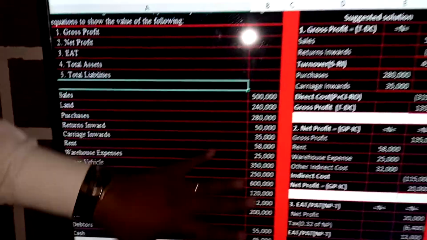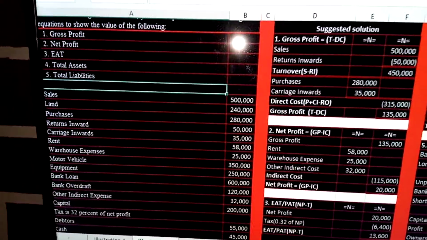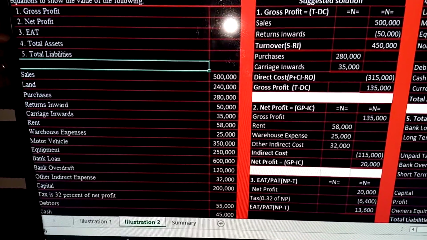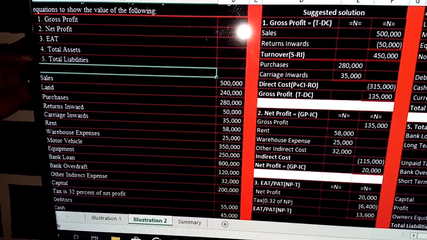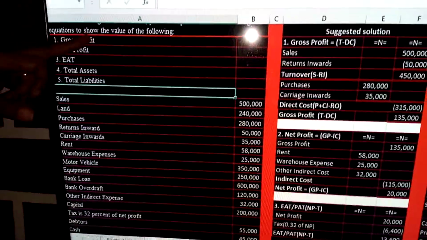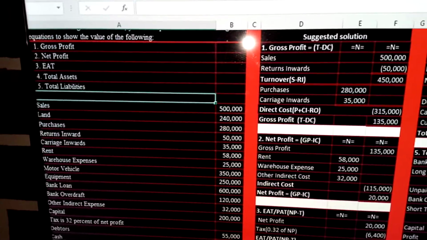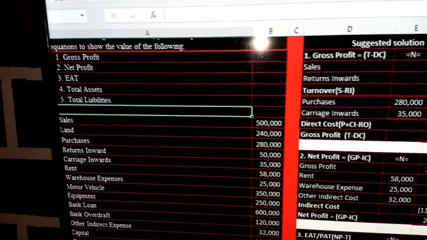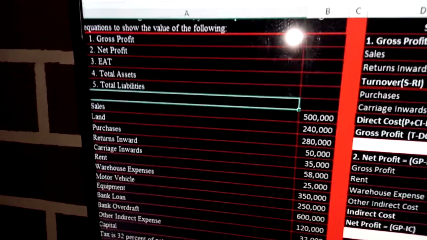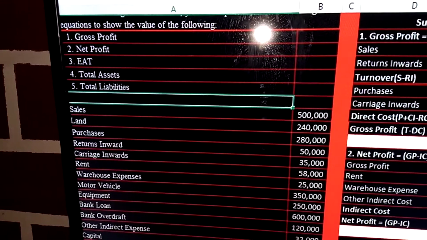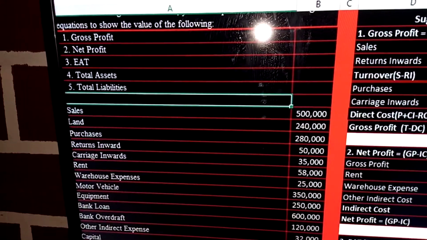So from this list of balances, we've been asked to calculate what? Gross profit, net profit, earnings after tax, total asset, and total liability. So let's do the first one. The first one says gross profit. Remember the equation for gross profit? We expanded the profit to gross profit and net profit.